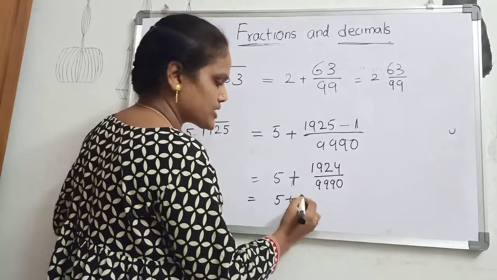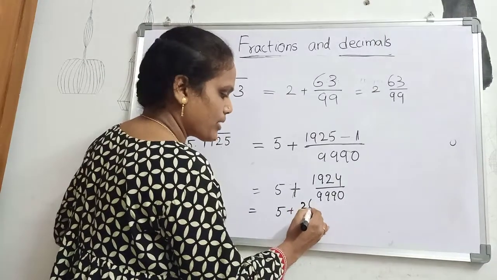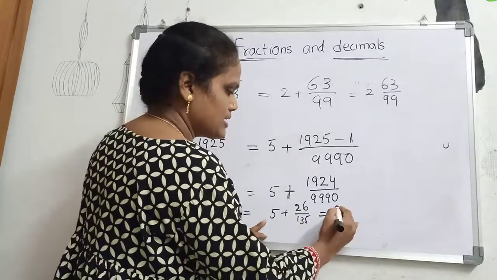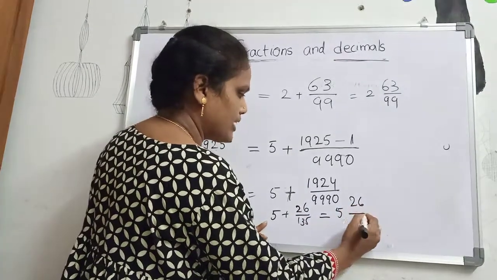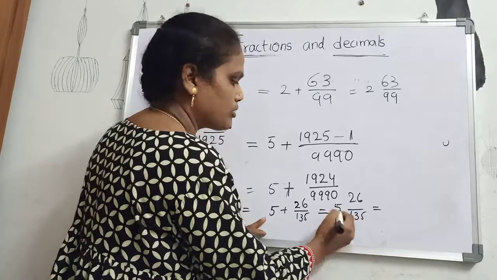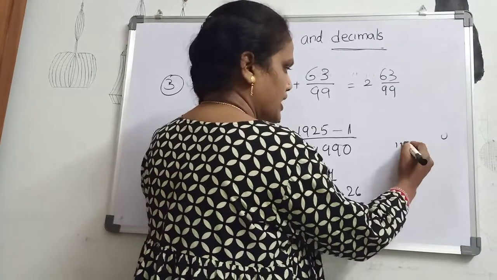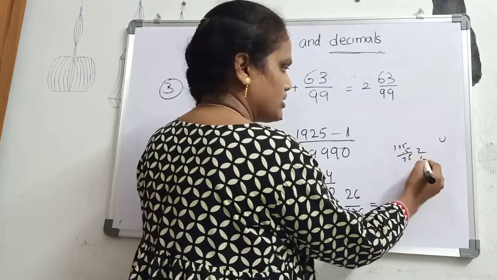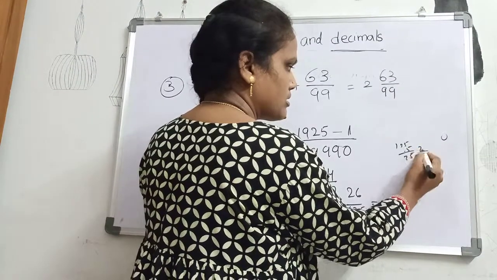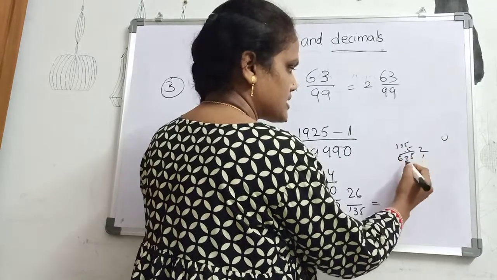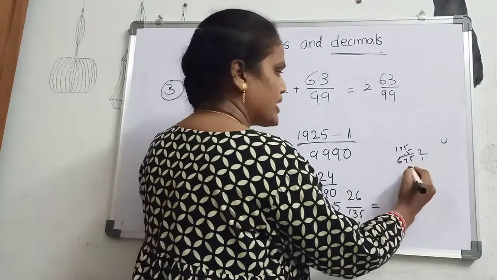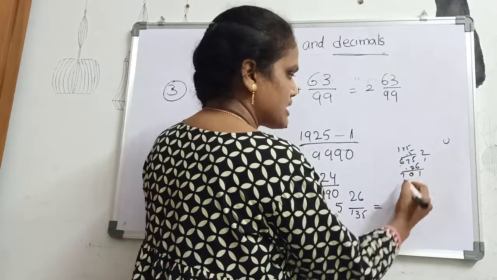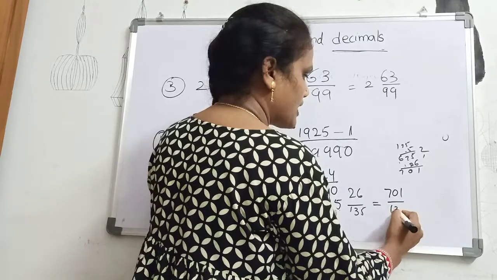If you minimize this fraction, it becomes 26 by 135. Then write it as a mixed fraction: 135 into 5 is 675, plus 26 is 701, so 701 by 135.